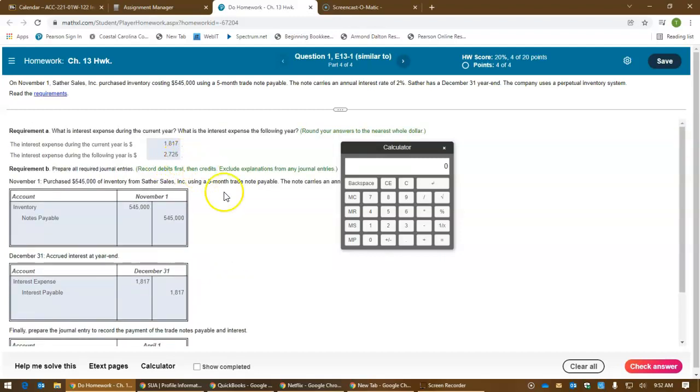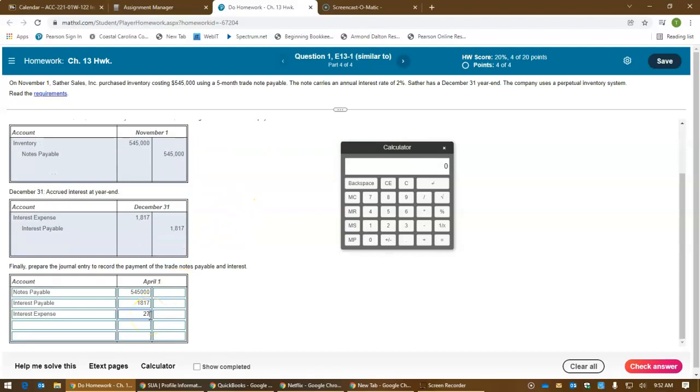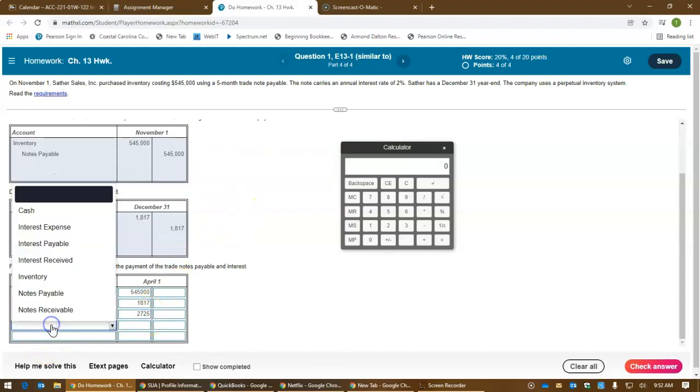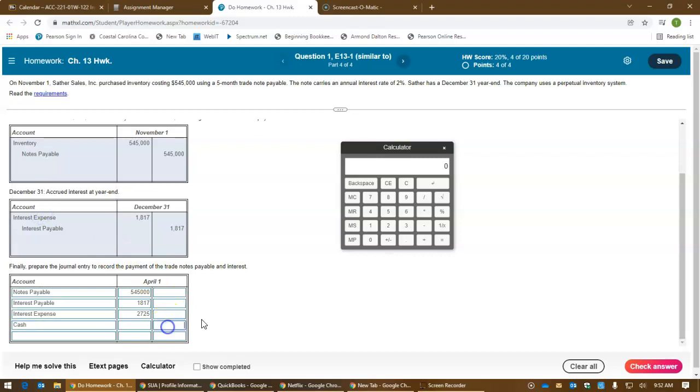So that is 2726. And then last is our cash, the cash amount that is being paid. So that's the 545,000 principal plus the 1817 interest that was accrued for the first year and the interest that was accrued the following year. So the total cash that we're paying back for this equipment is $549,542.